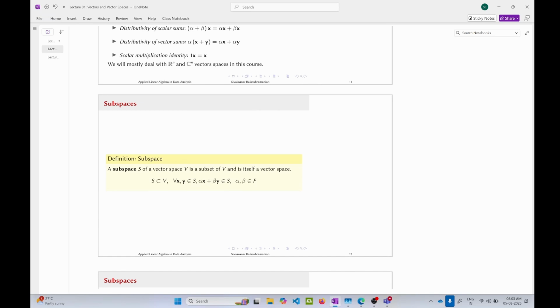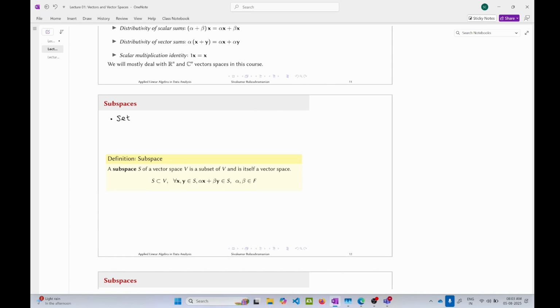Isn't it trivial to talk about closedness under vector scaling and vector addition? So the original definition seems like that, but the reason this is defined, I hope will become clear once we talk about subspaces. Okay?